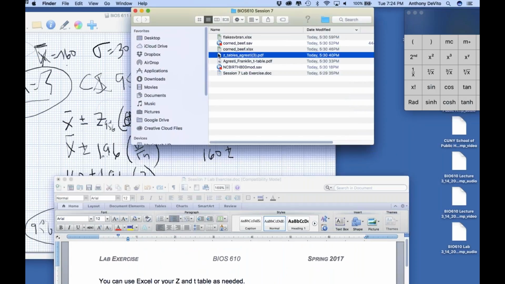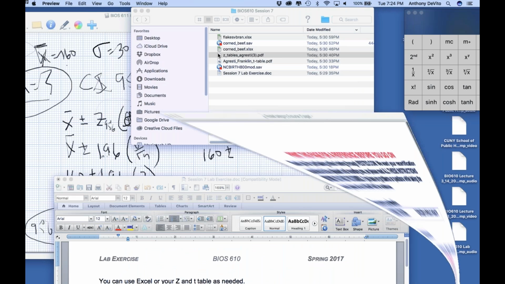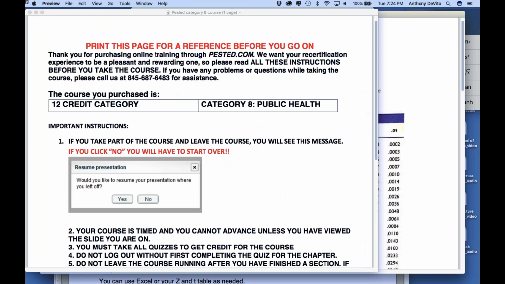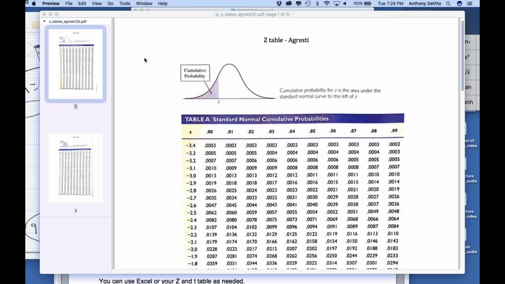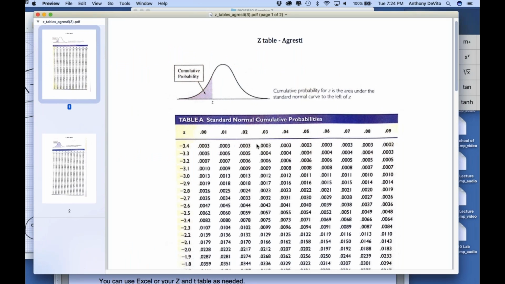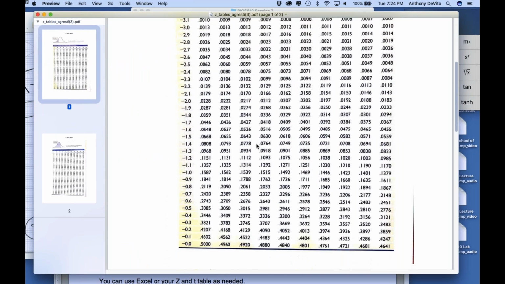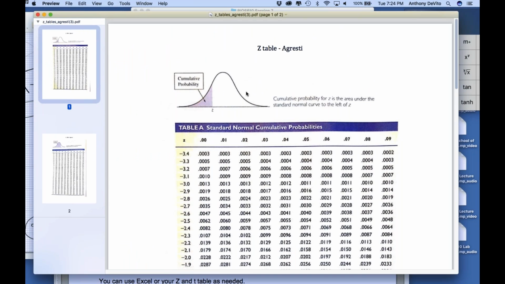Anybody remember what the z-score was for 90% on our z table? Let me open it up. Let's look it up. If I want 90%, that would be 5% on either side, the left tail and the right tail.